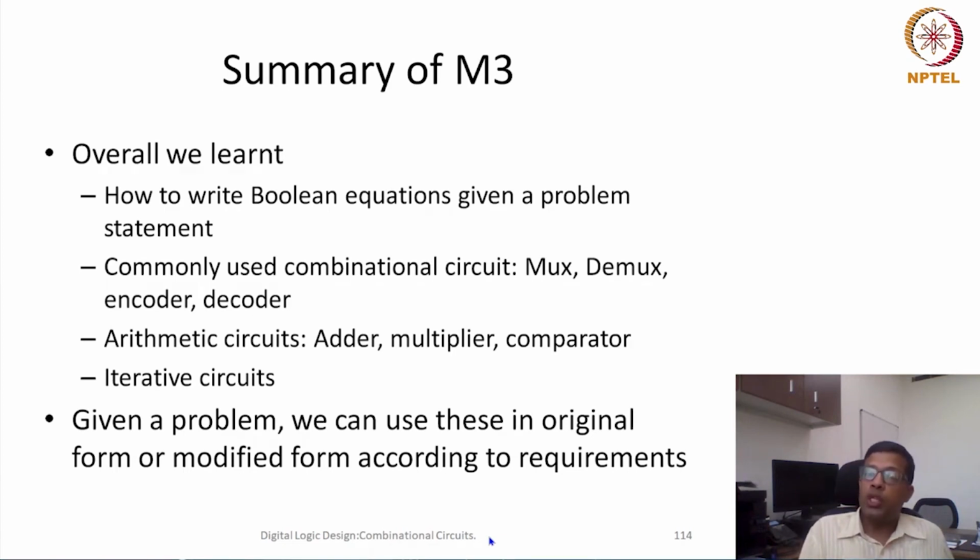Okay, so using those Boolean equations, we have also seen a couple of combinational circuits which are very commonly used in different applications, like multiplexer, demultiplexer, encoder, decoder. Along with understanding these commonly used combinational circuits, we have also seen the design of arithmetic circuits, adder, multiplier, comparator, and we have also seen how to design them more efficiently.